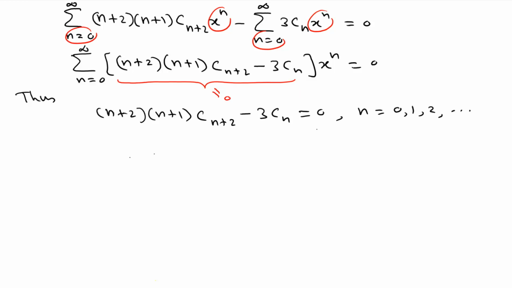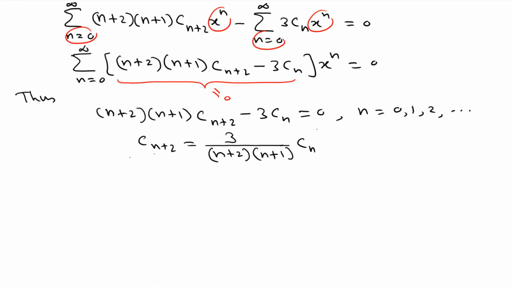Let's solve for cₙ₊₂. You bring the other term to the other side and divide by that, so it's going to be 3 over (n plus 2)(n plus 1) times cₙ.